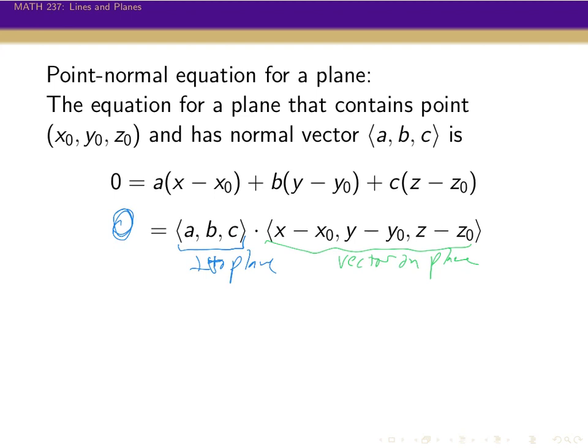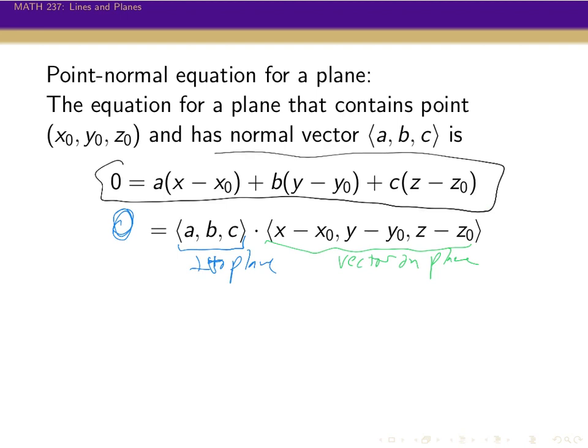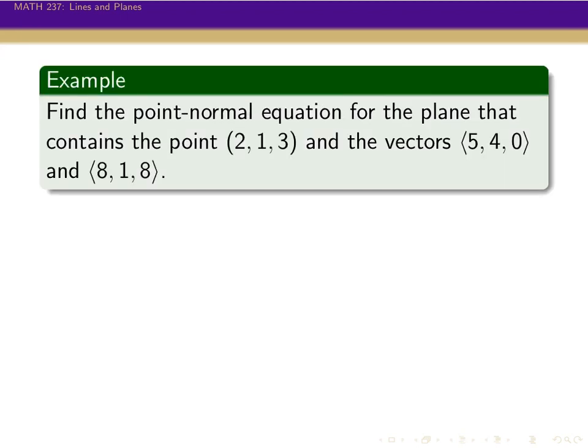And when we multiply out this dot product, this is the equation we get. And so this is what we're calling the point normal equation for a plane. Okay, so let's do some examples with this.